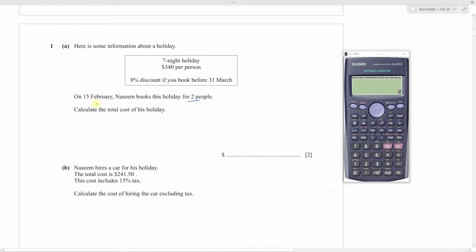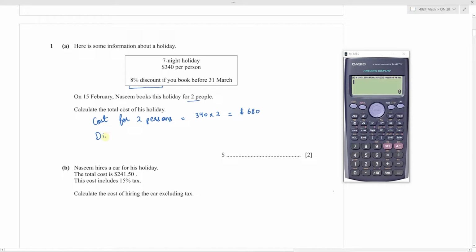So since it's booked before March 31st on February 15th, this booking will be eligible for this 8% discount as well. So first, let's calculate the cost for 2 persons. This will be 340 multiplied by 2, which is $680.